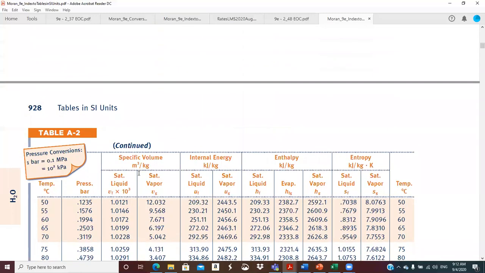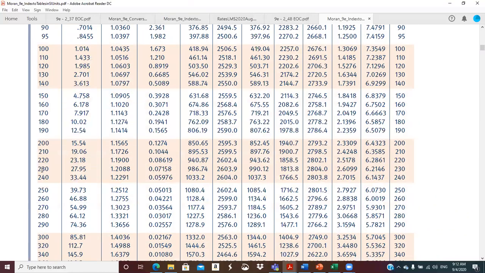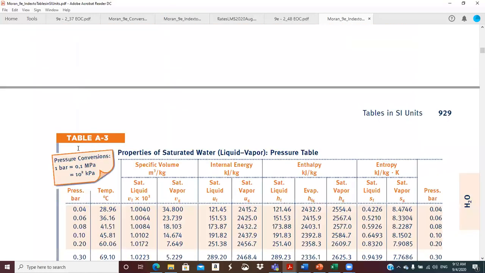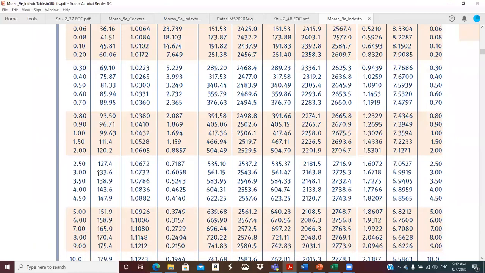Okay, so this is table A2. It is saturation states tied to temperature. So you can look up a round temperature and then you just get the saturation pressure that goes with it. Again, these are not independent. Given one, you can find the other. And then we have a pressure table, which, if you're given a round pressure, you can maybe find it directly in the table, and it gives you the saturation temperature that goes with that pressure.